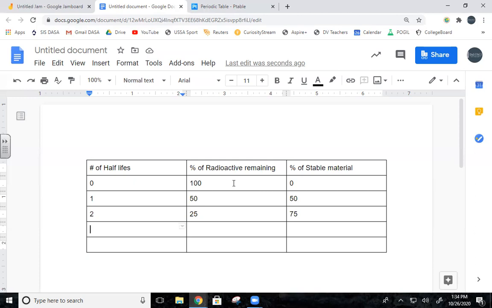All right, so if we continue on this pattern, what is the percentage that will remain of the radioactive material? 12.5. Yes, Eli. It's 12.5.